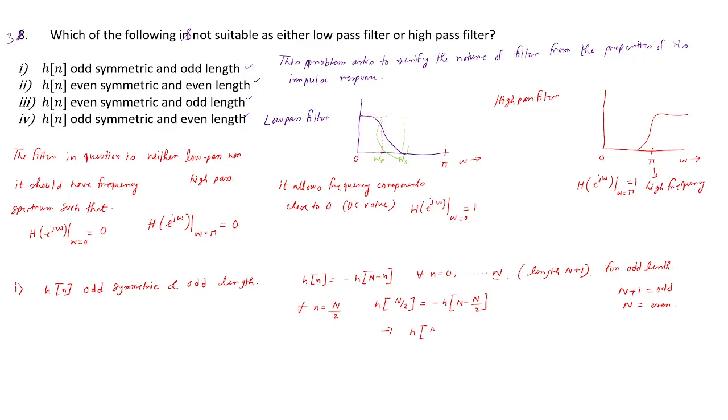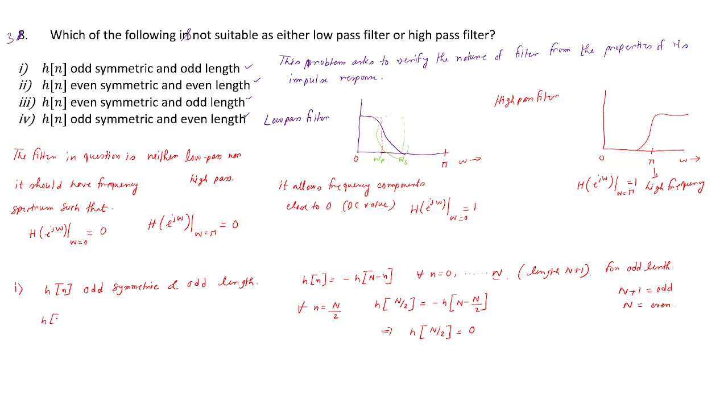You bring it to both sides, and it suggests that the coefficient at the center should be 0. If your impulse response has odd length and also follows odd symmetry, it's going to have the center coefficient be 0. So let us consider the easiest example of an odd length filter, where N plus 1 is 3.